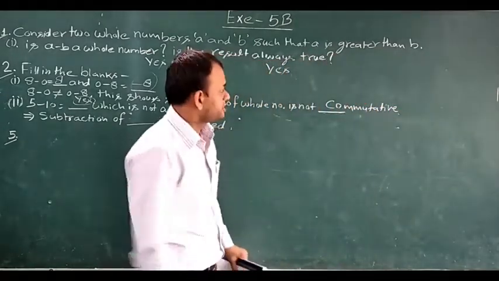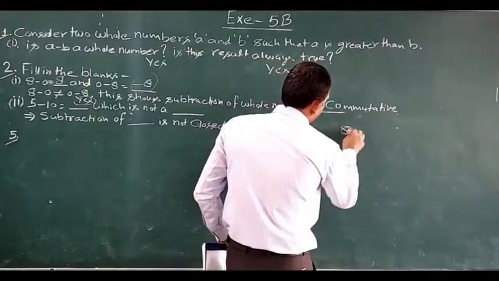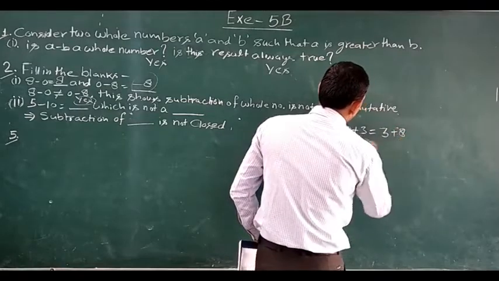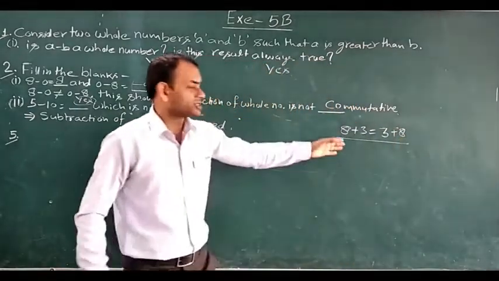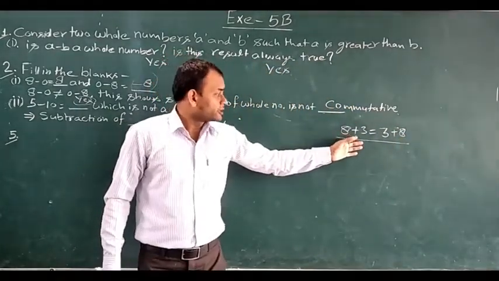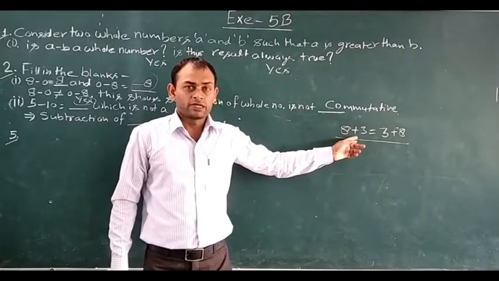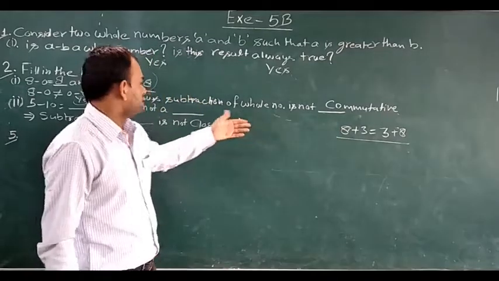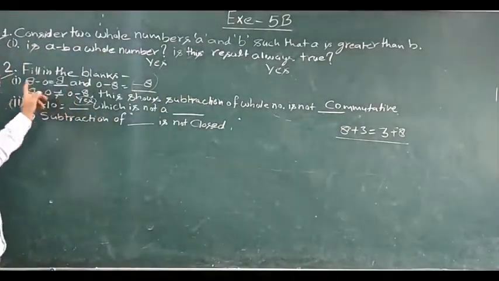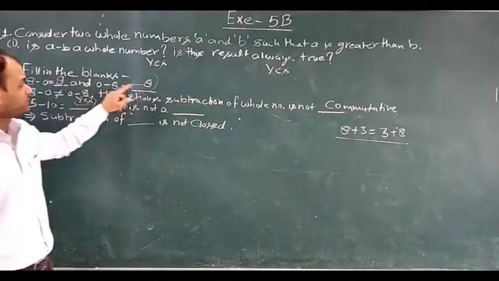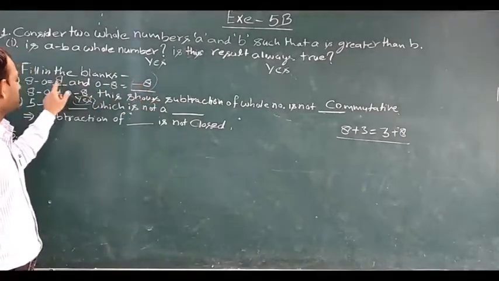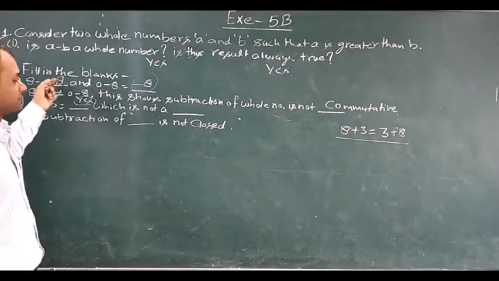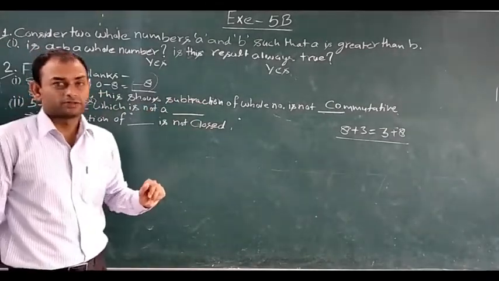In addition, you have seen that a plus b is equal to b plus a, which means addition follows the commutative property. Similarly, we cannot do it in subtraction because each time we get a different answer. 8 minus 0 is 8 and 0 minus 8 is minus 8, and minus 8 and 8 are different things. So subtraction does not follow the commutative property.